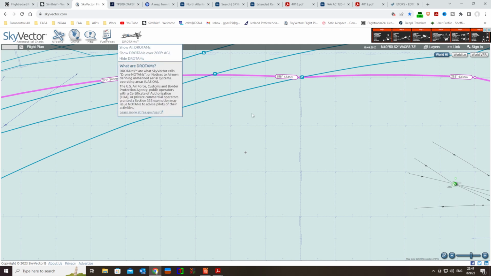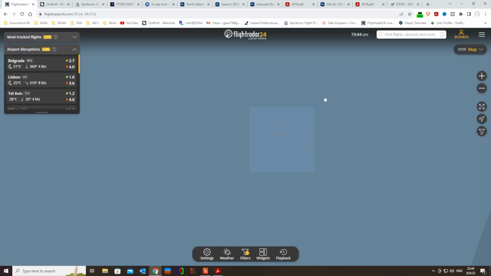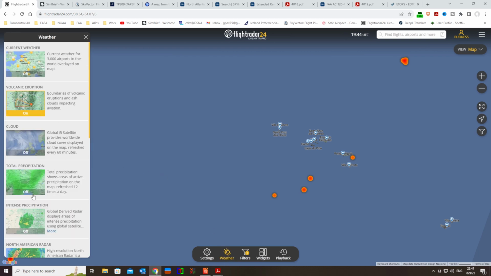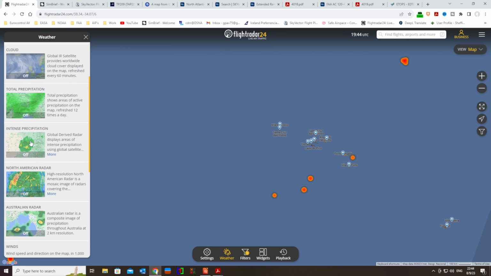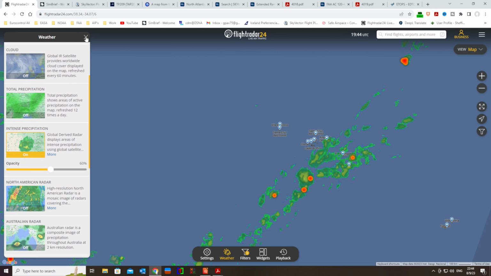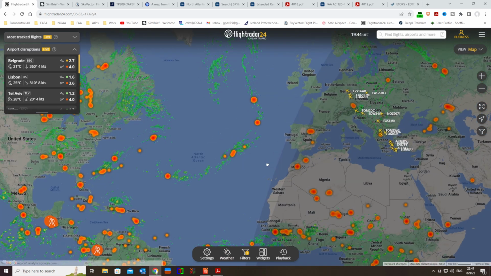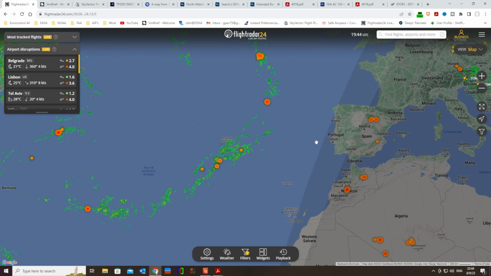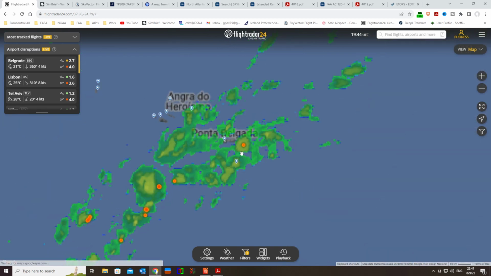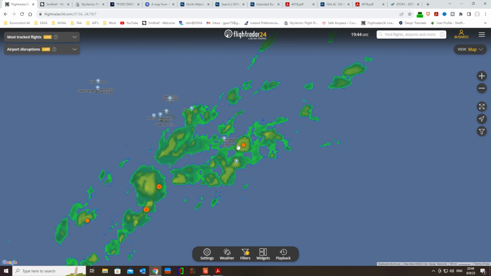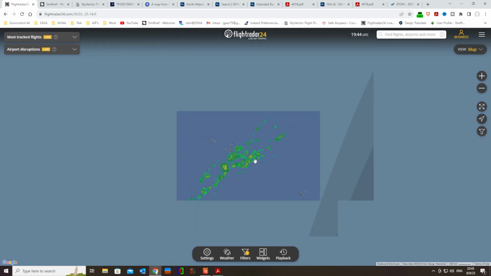Now, the weather is another situation. It's a little bit difficult if you have to avoid the weather. So let's say right now you see from Lisbon, if we go above the islands, we're gonna have some sort of intense precipitation and clouds and everything.